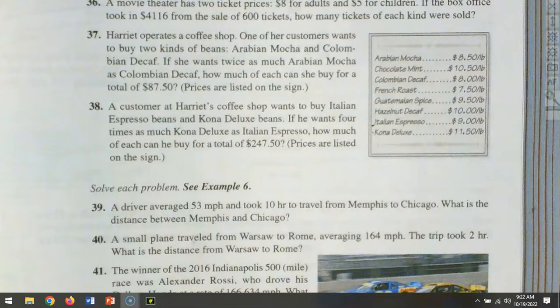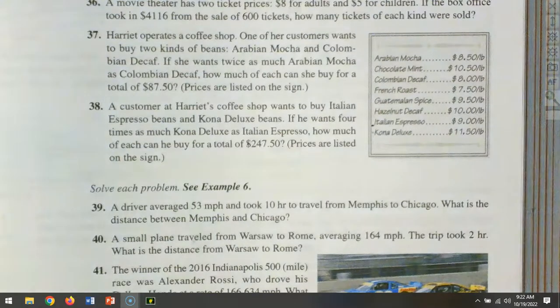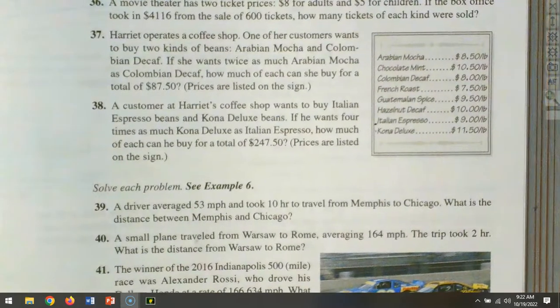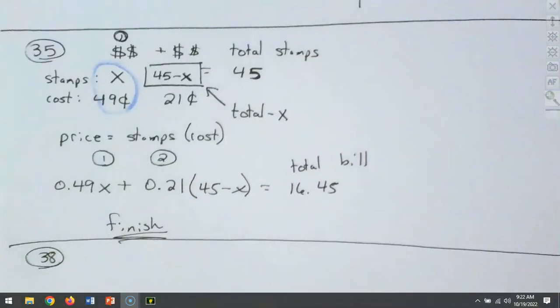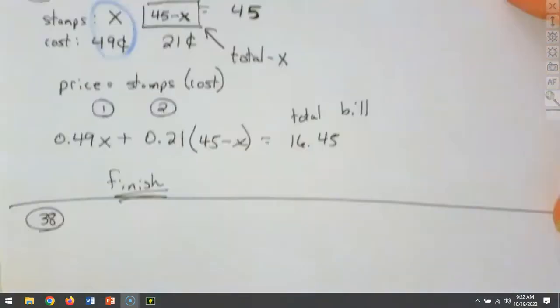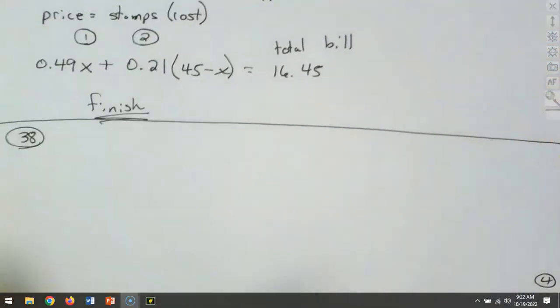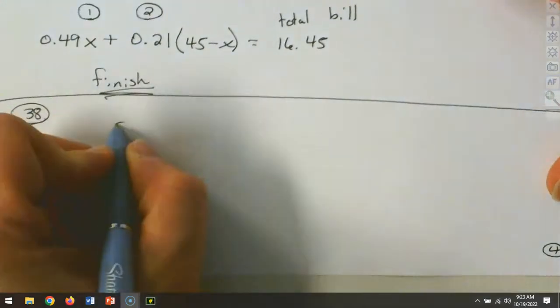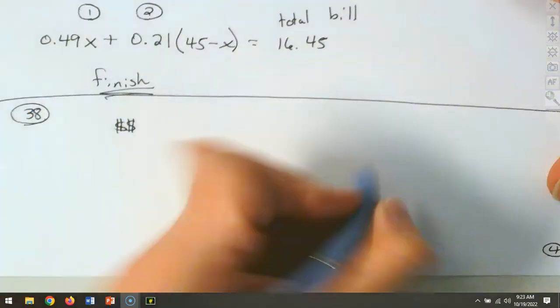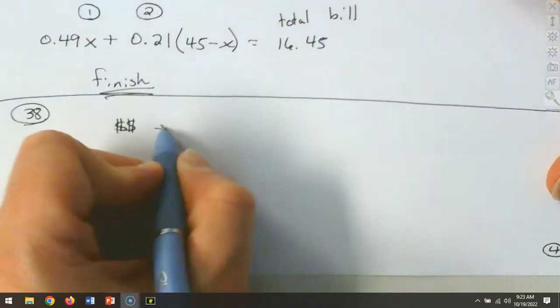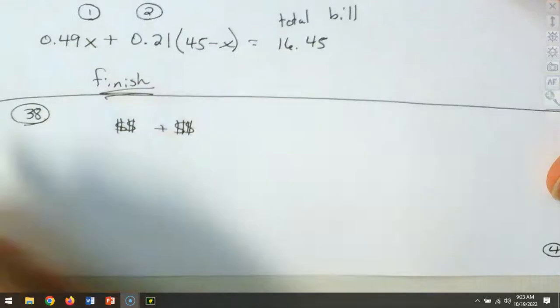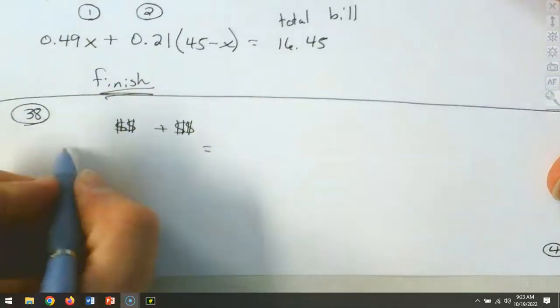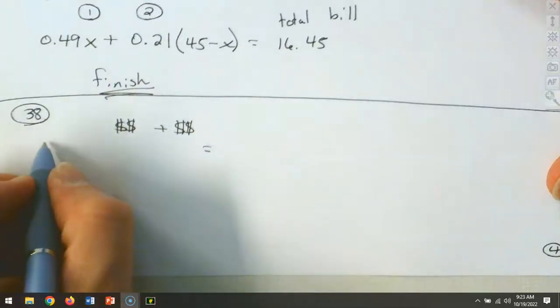We have a chart so we can read out what they cost per pound. Okay, so we're going to label it again. And I think this one will finish, just so we have another example of one that we finished. So we've got some coffee beans. And so this is going to be the weight, the number of pounds.